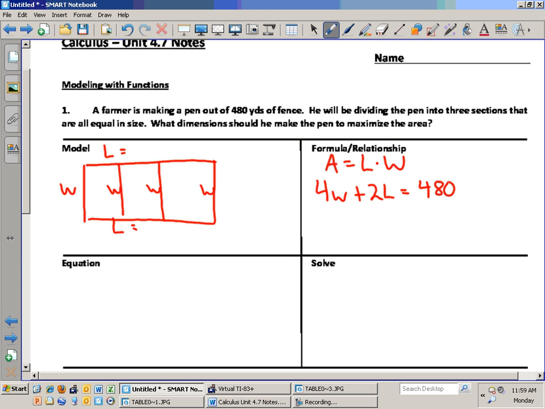So if I can solve for L in terms of W, I will be able to write an equation or a function that models that. How do you solve for L? 2L equals 480 minus 4W. Divided by 2, L is equal to 240 minus 2W.